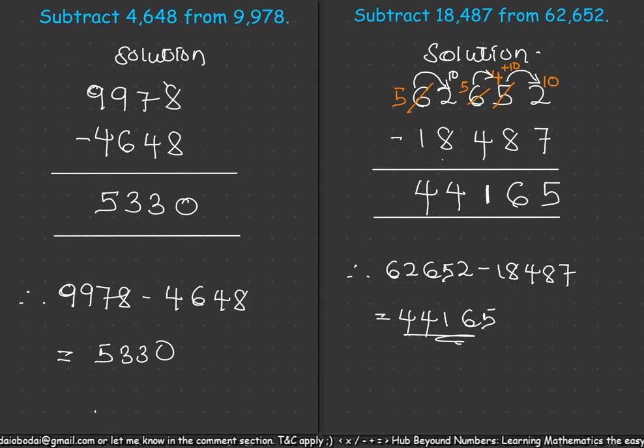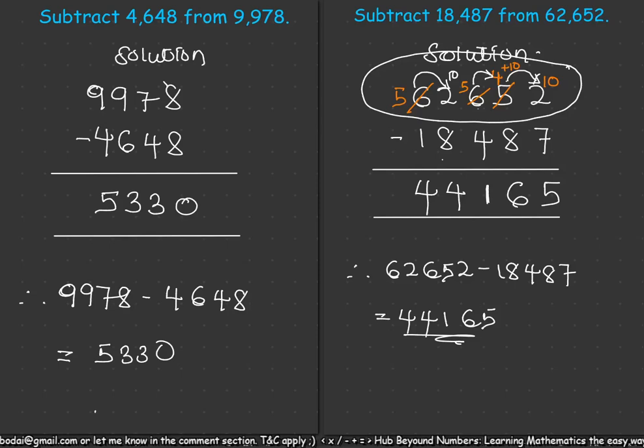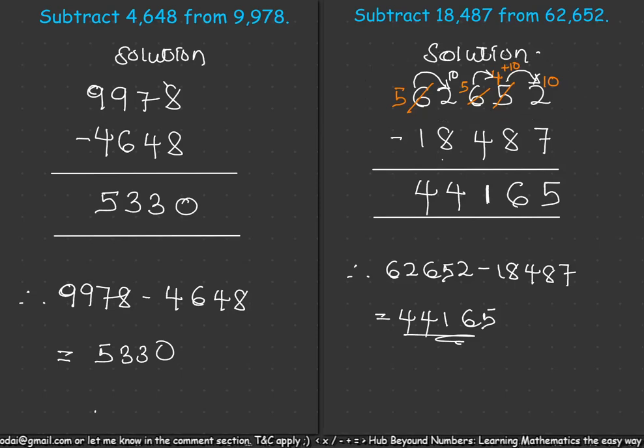So I would advise you go back and look at the processes that involve the borrowing and adding here, because it is very important to take note. If the number up is smaller than that down, you would have to borrow. And if you borrow, it reduces the one you are borrowing from and then increases the one you are borrowing to by 10. You see, so take note of that.